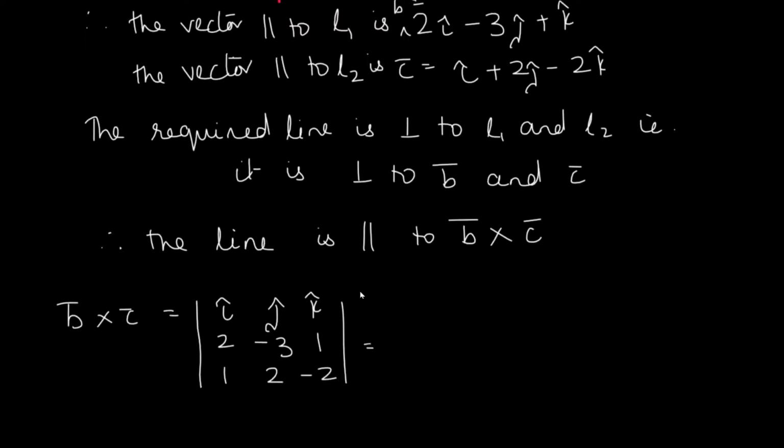Thus solving it, we get over here 6 minus 2 i minus 4 minus 1 j and plus the last term 4 plus 3 k.